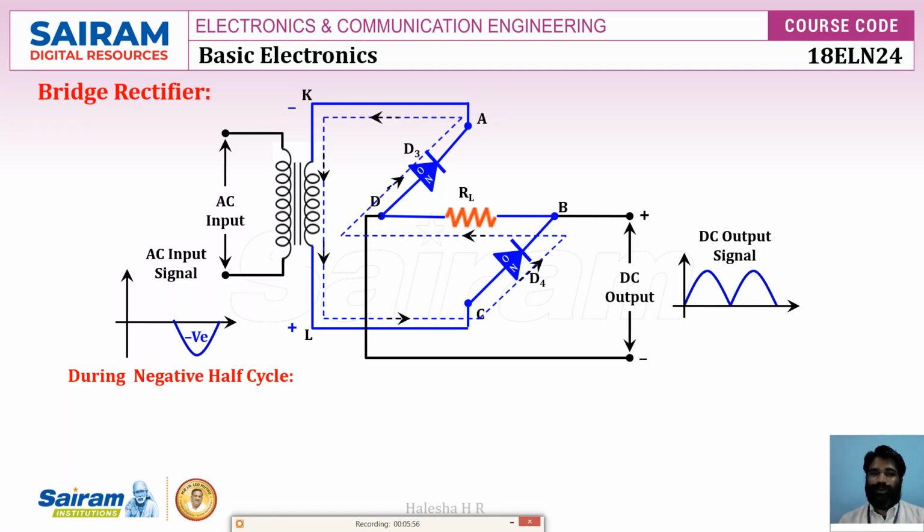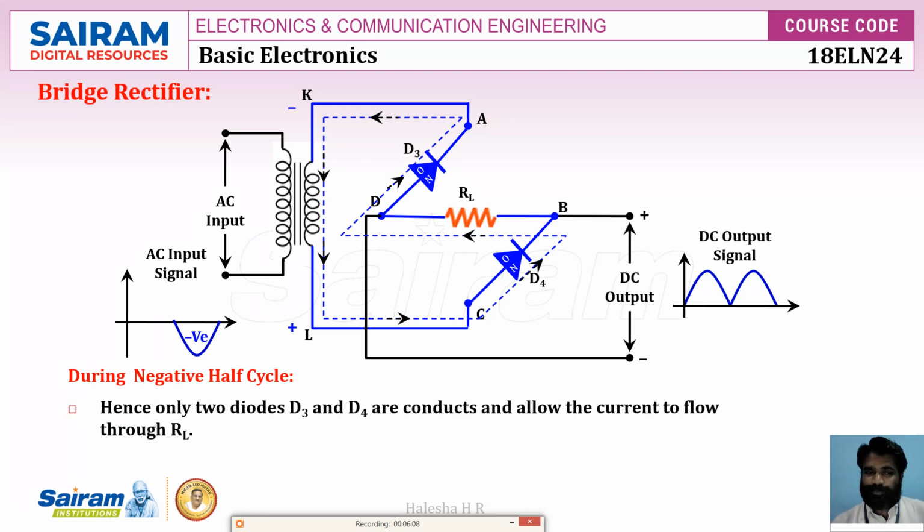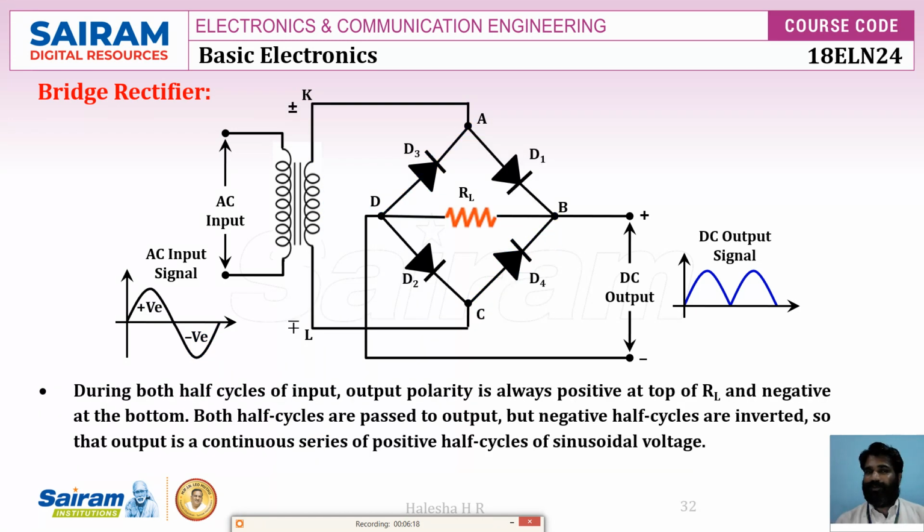So this is how the current flows, in this direction. During the negative half cycle, this is the output, because the direction of current flow is the same. The direction of current flow is the same, from B to D, in the positive half cycle as well as the negative half cycle. Only two diodes, D3 and D4, conduct and allow current to flow through RL. Again, the output voltage is the same, Vi minus 2 times Vf.